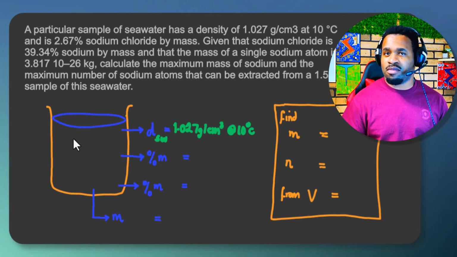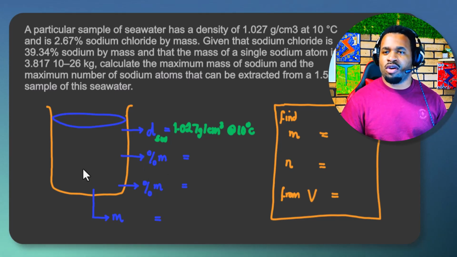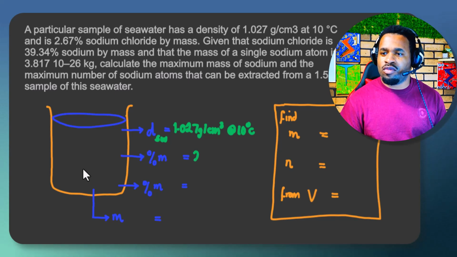The next information states that we have the mass percent of the sodium chloride in this standard seawater to be around 2.67%.